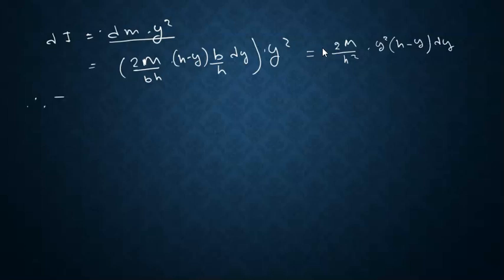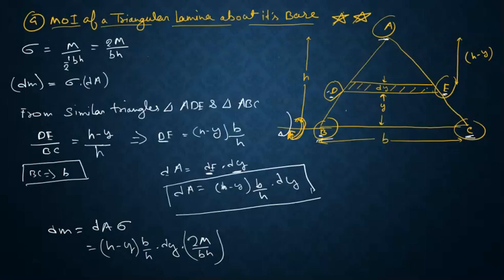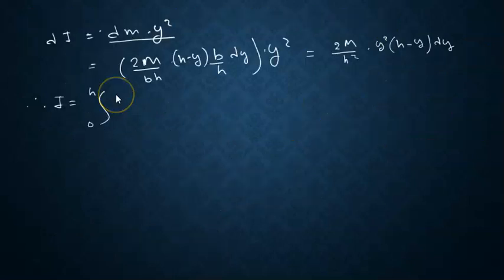So now I equals integral 0 to h, because we are integrating the strip from here to here. So we put the values of the limit 0 to h. 2M by h square into (h y square minus y cube) dy.